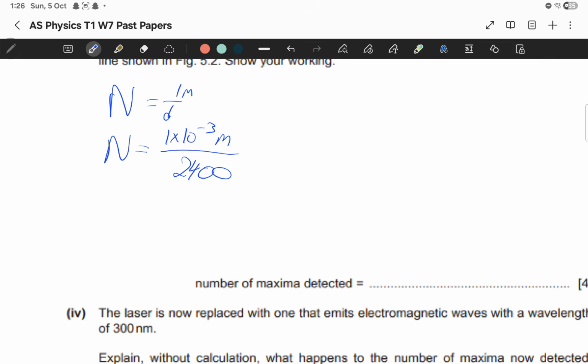Sorry, this was n, so d is going to be 0.001 over 2400. This gives 4.166 repeating times 10 to the power negative 7 meters.